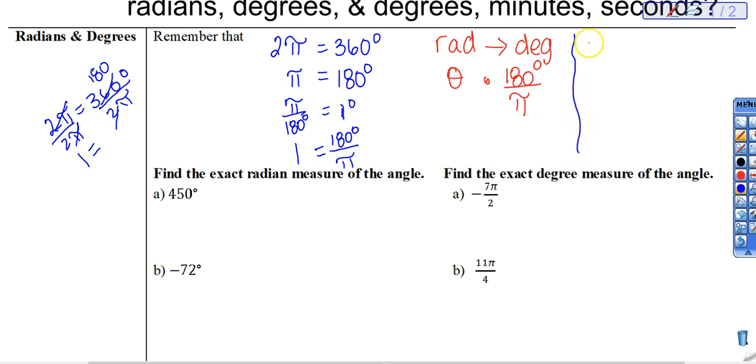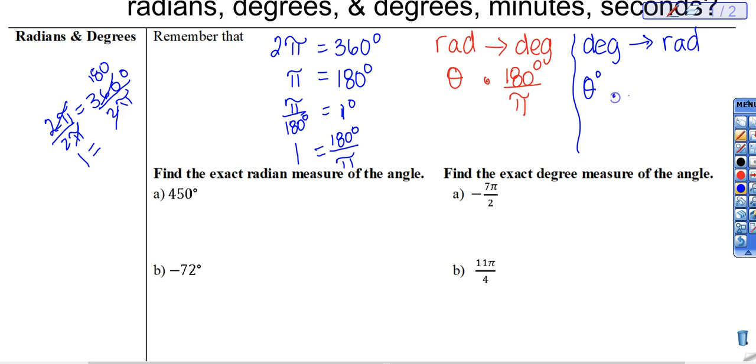If we're going the other way, degrees converting to radians, let's say this is whatever the measure is, theta degrees. Definitely in degrees because it's got the degree mark. And I want to convert that to radians. I like to use dimensional analysis or unit analysis.